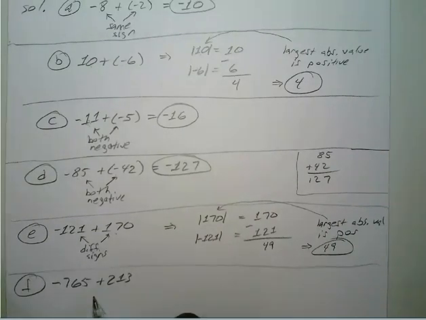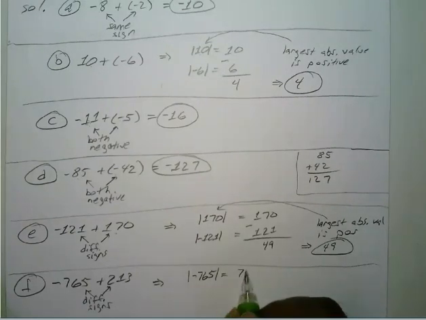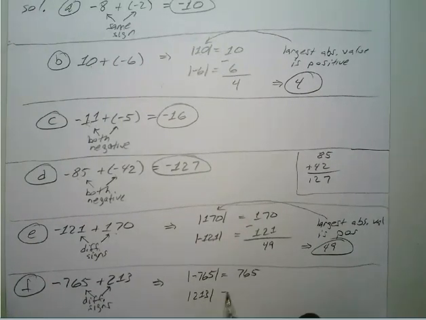Once again, different signs, so we use the absolute value. 765 is the larger absolute value. The absolute value of negative 765 is 765, and the absolute value of 213 is 213.